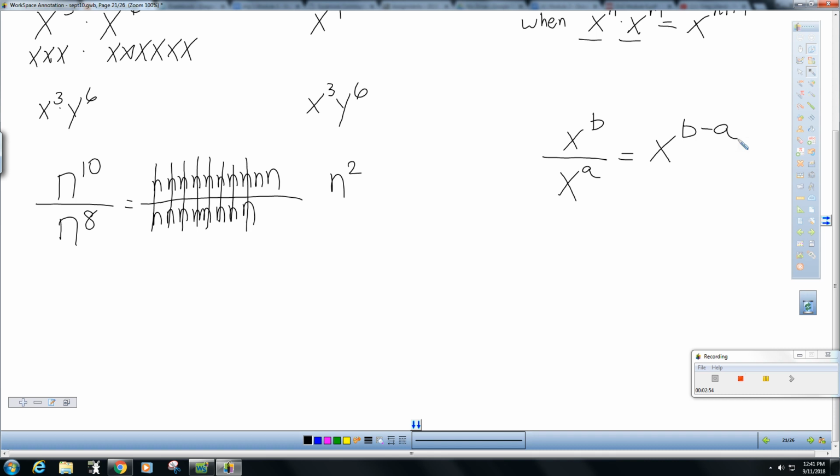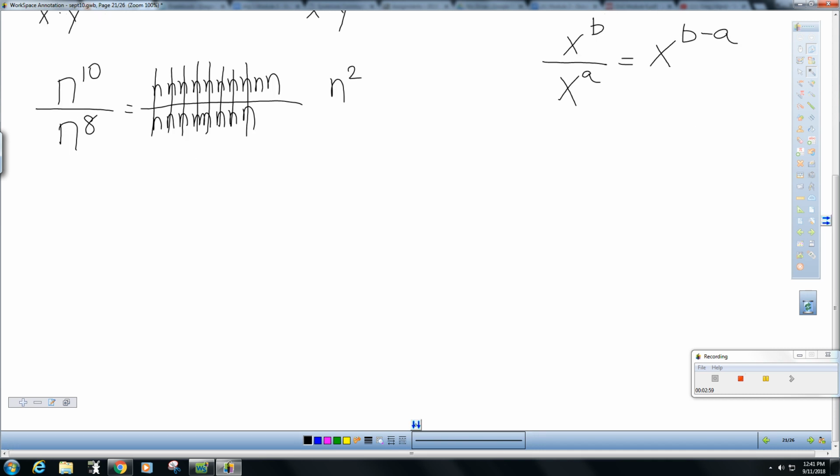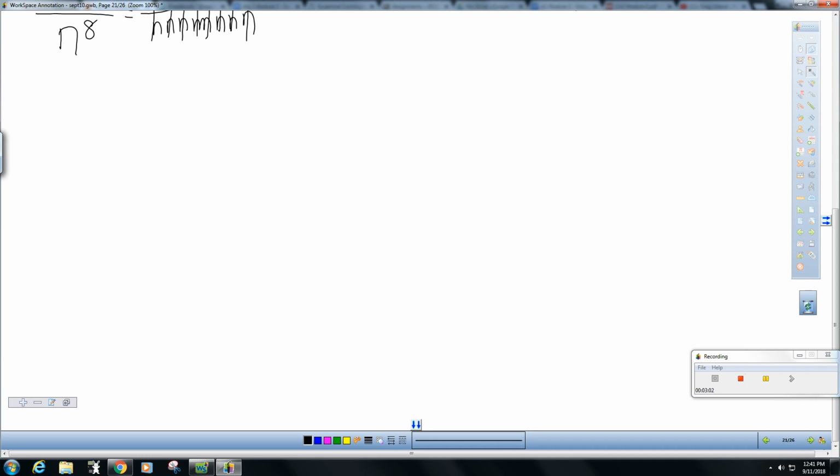Okay, well that leads me to my next little example. What is x to the 5th over x to the 6th? Well, this has two different answers. If you go by the last rule, it's x to the negative 1st.